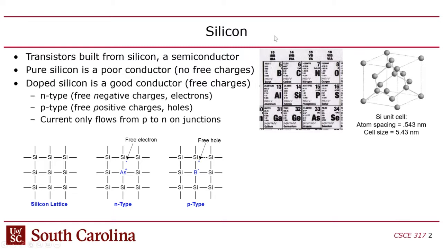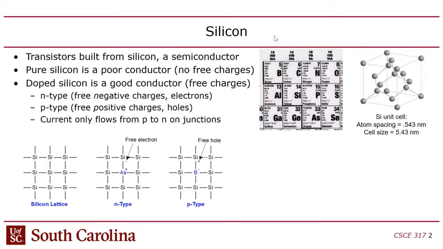If it's a column 3 element like boron or gallium, then that will create p-type silicon. P stands for positive, because that'll end up giving you charge carriers that are holes, or lack of an electron in the structure of the crystal.